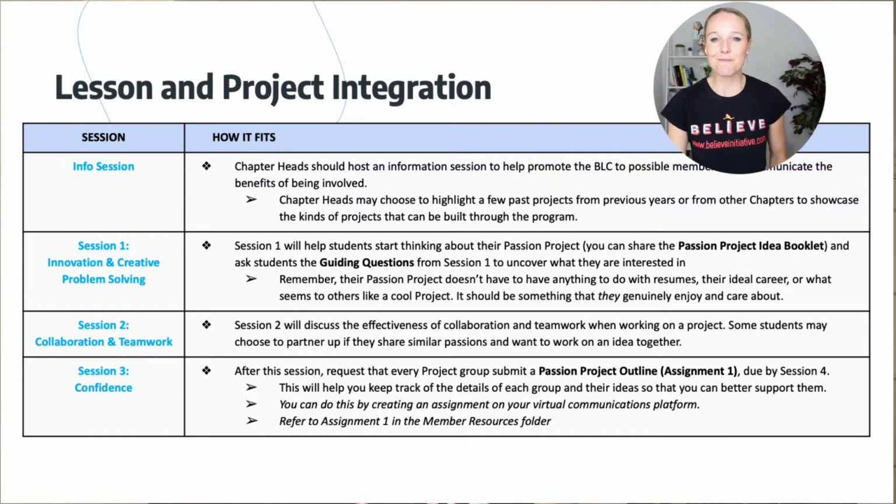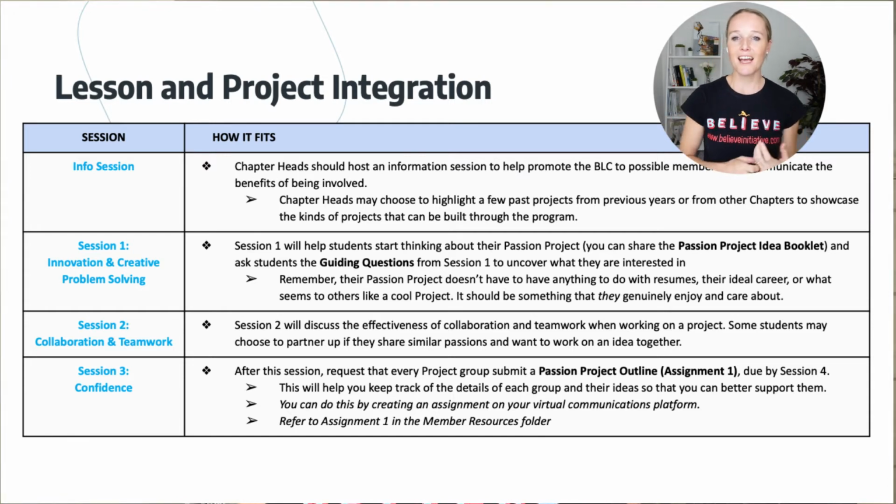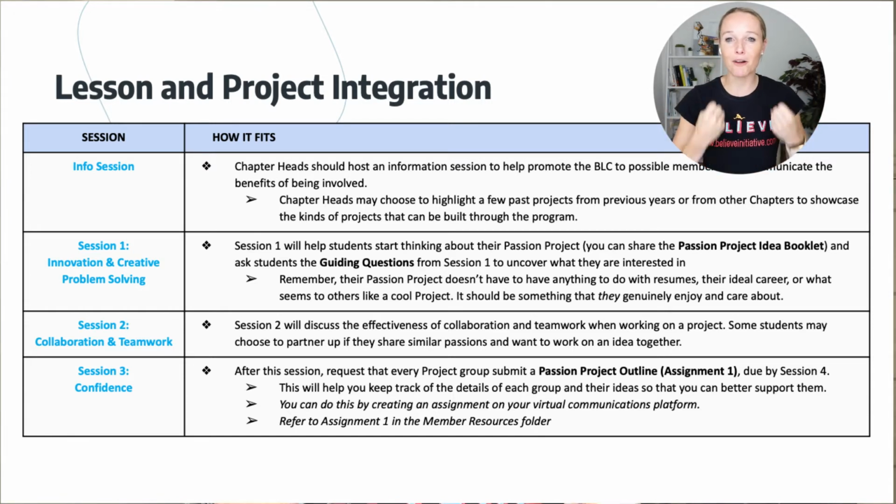And I'm sure many of them will get excited when you tell them there's volunteer hours, an opportunity for impact, and a cool, unique way for them to combine things that they're passionate about and help make an impact in the world. And so that first step is the info session. It's really just telling them about what it is. And you can refer back to the manual for how to talk about your passion projects to your possible members. And so that's info session.